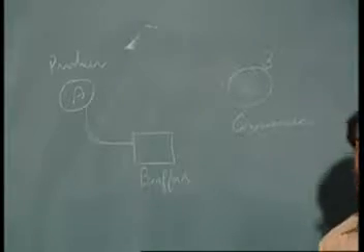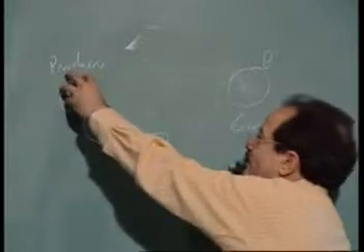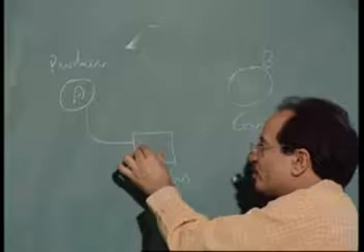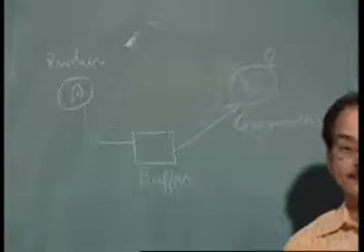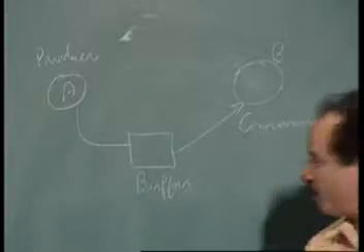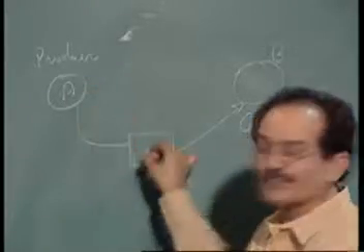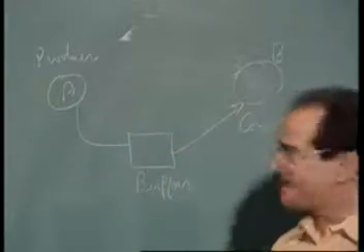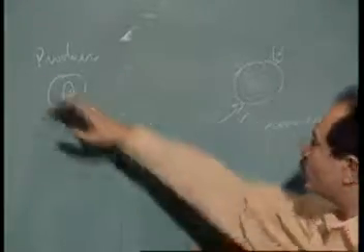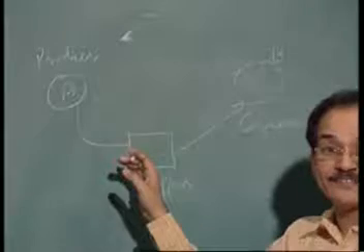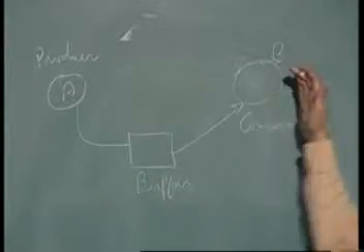Now, what happens in this particular scenario is, let us say the producer is producing certain things, it goes to the buffer, and from the buffer B is consuming. Now, a printer and a computer is a very good example of this. My computer must be producing printout data at a much faster pace. My printer may be slow.